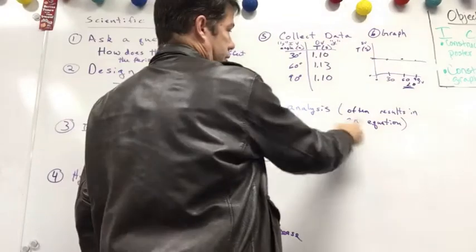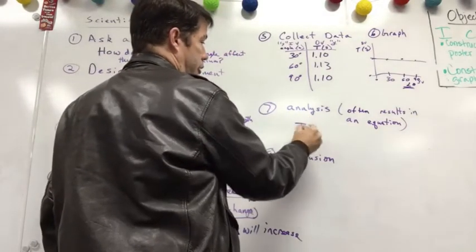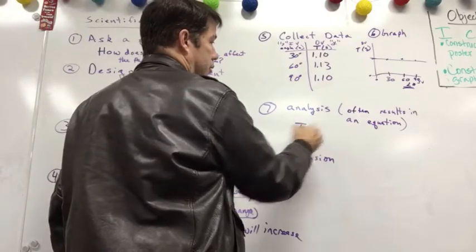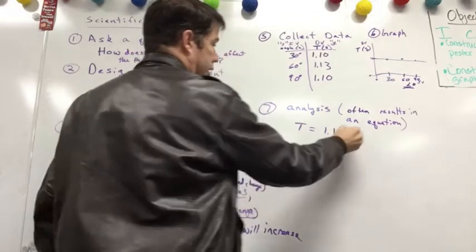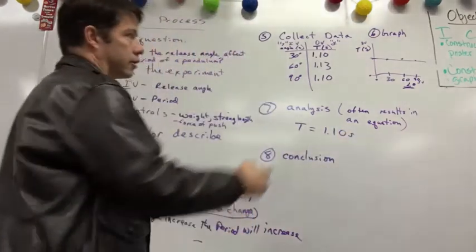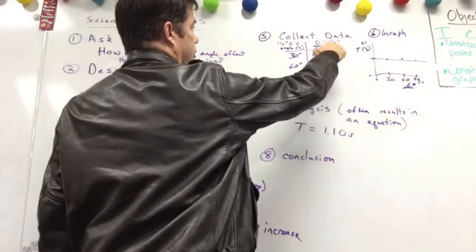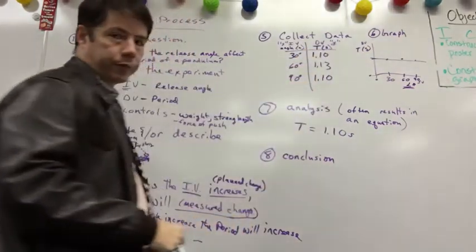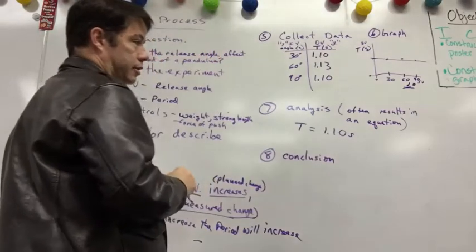So analysis. Analysis often results in an equation, but our analysis is the period pretty much stays the same at about 1.10 seconds. So don't forget to label your numbers. You can label them here, but you don't have to because the label is in the table. That's our period. It's constant.